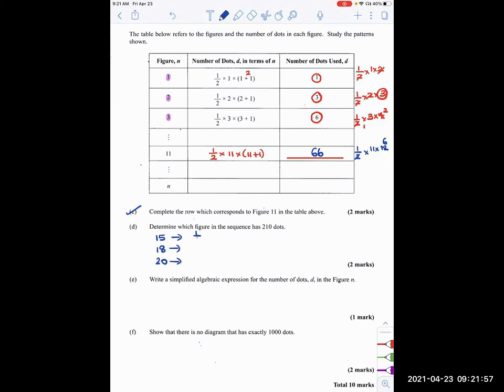So you're finding a half multiplied by 15 multiplied by 15 plus 1, which gives a half multiplied by 15 multiplied by 16. So 2 could go into 16 8 times, and 15 by 8 is 120. So we still didn't reach 210. Work out these two and tell me which one gives you 210. Go ahead.